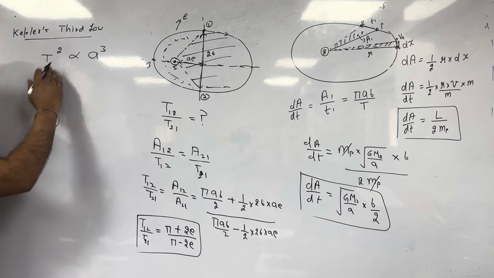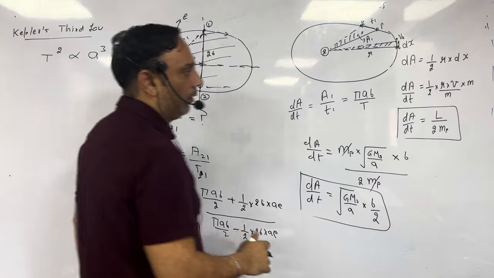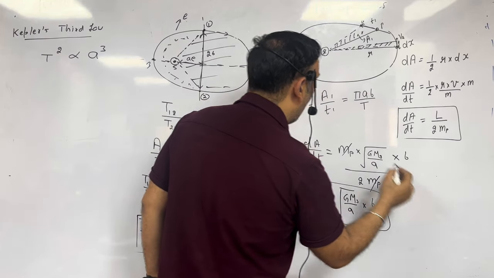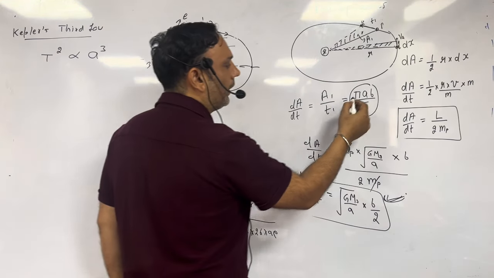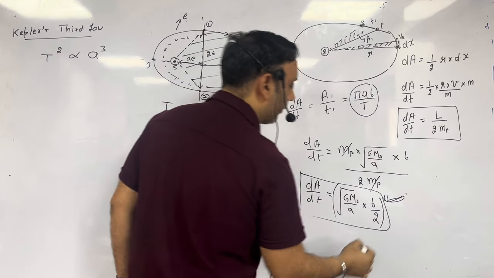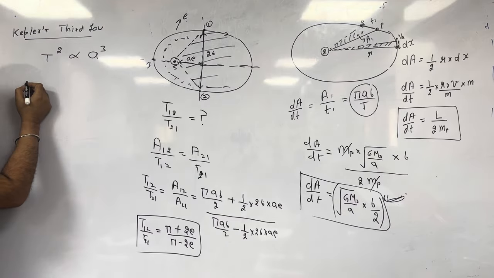So T square is directly proportional to a cube. Now see this expression. One expression is areal velocity, and the other is this, pi ab by T. So areal velocity we can write as pi ab by T, and also we can write this expression. So now just make these two things equal.